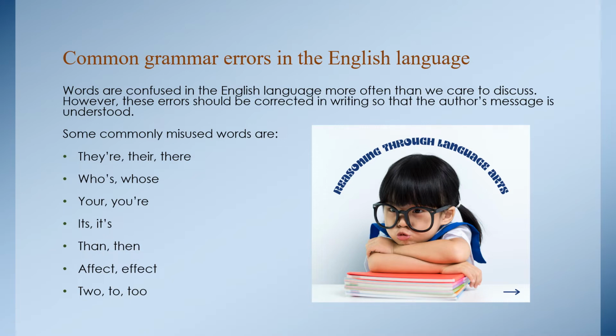Your, YOUR versus you're, YOU apostrophe RE. Its, ITS versus it's, IT apostrophe S. Than, THAN versus then, THEN. Affect, AFFECT versus effect, EFFECT. And two, TWO versus to, TO versus too, TOO. So we're going to cover all of these now.